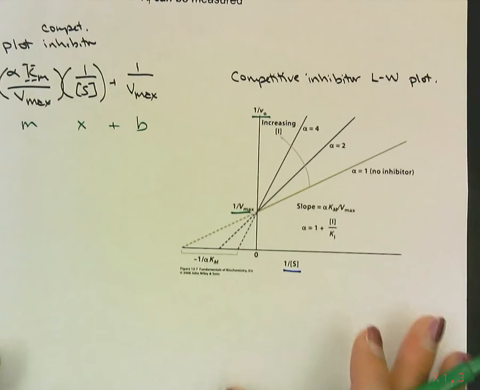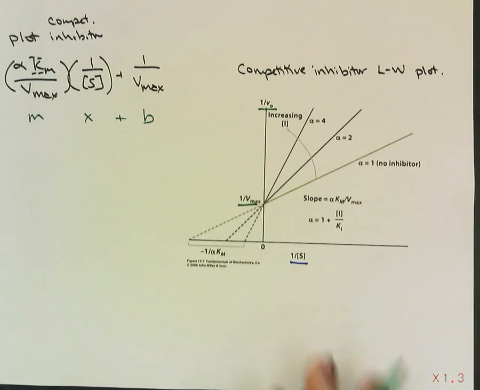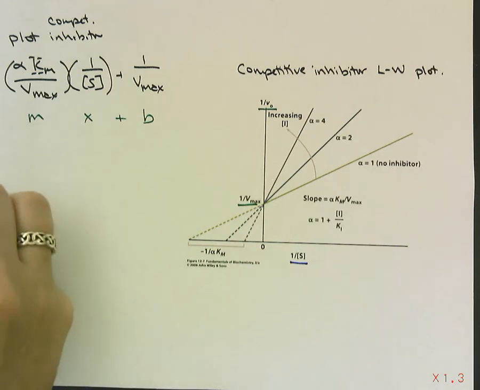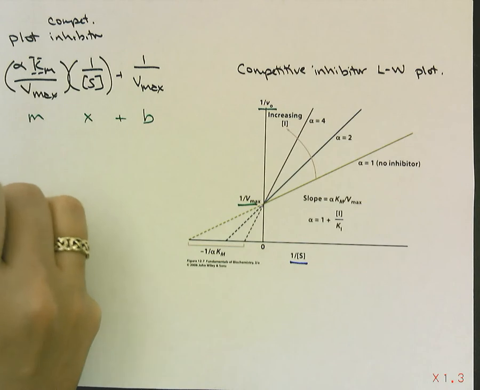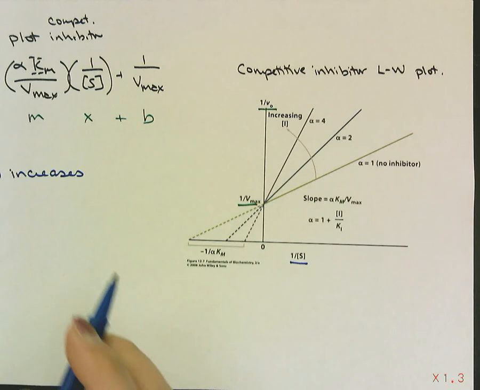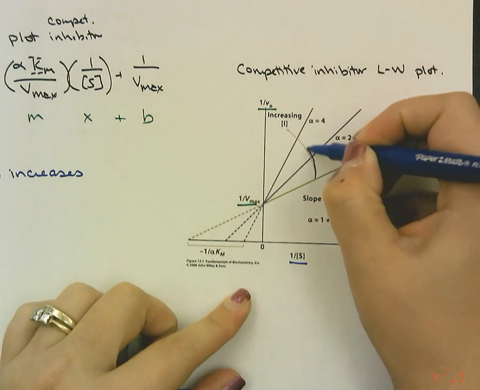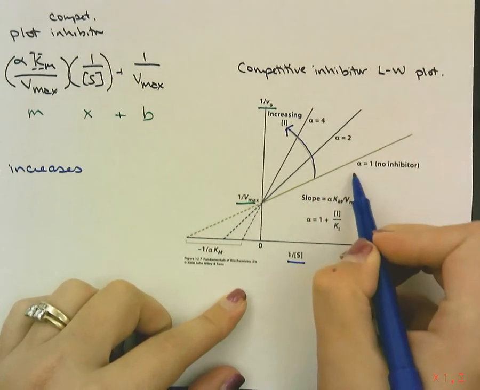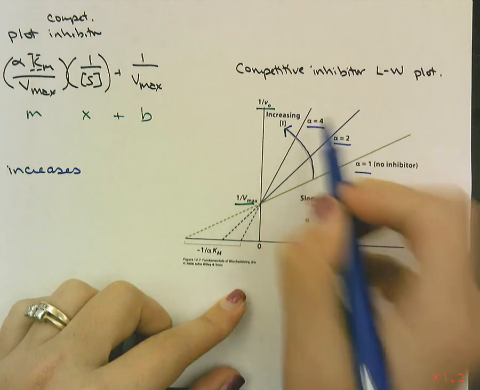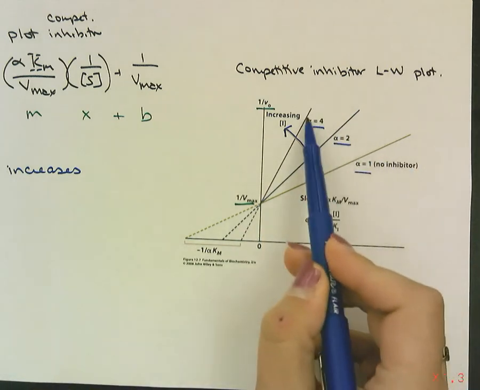Okay. So then let's take a look at the graph and see what happens as I increase the concentration of inhibitor. So as I increase I, and now it's going in this direction, because this is alpha 1, alpha 2, alpha 4. So now I'm going from no inhibitor to lots of inhibitor.